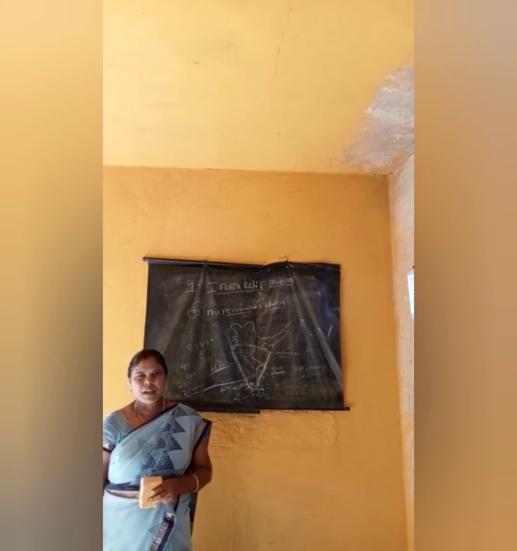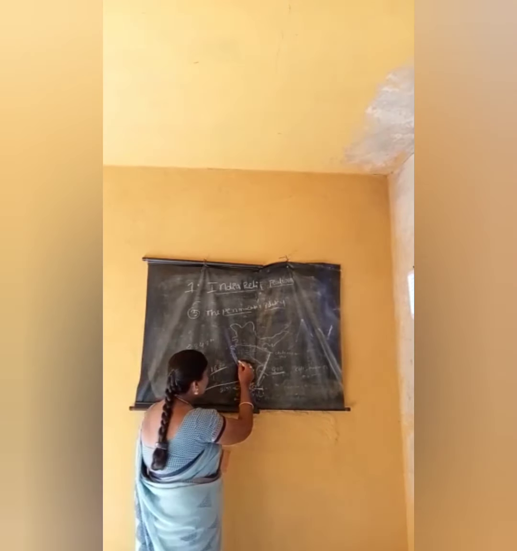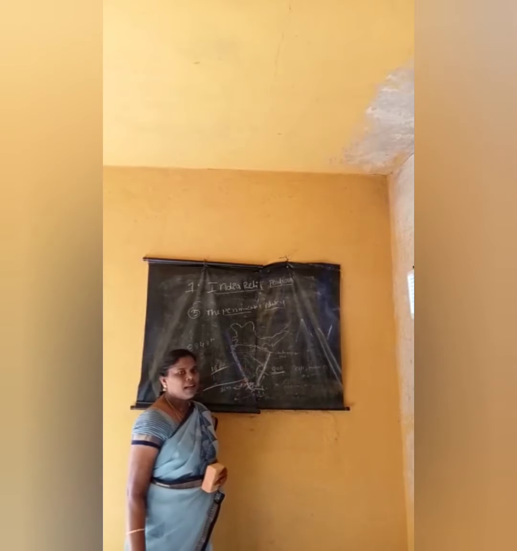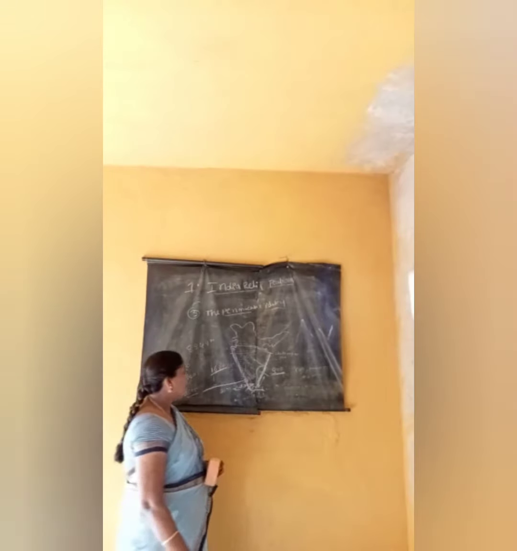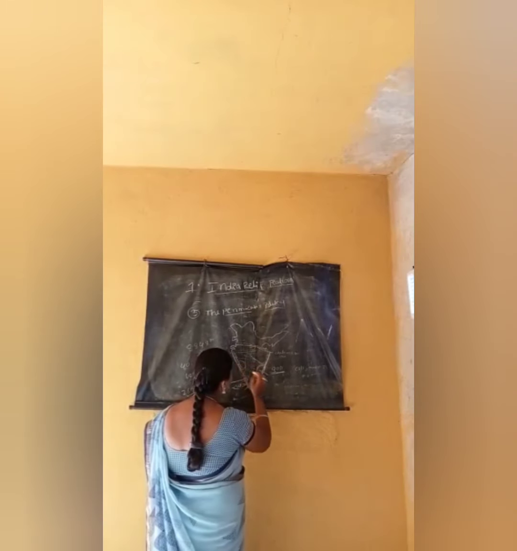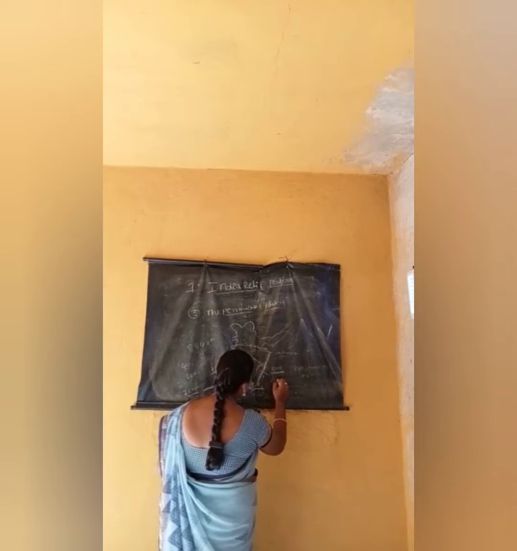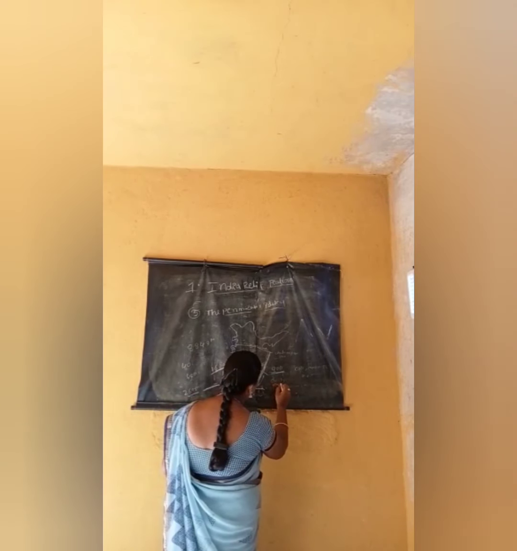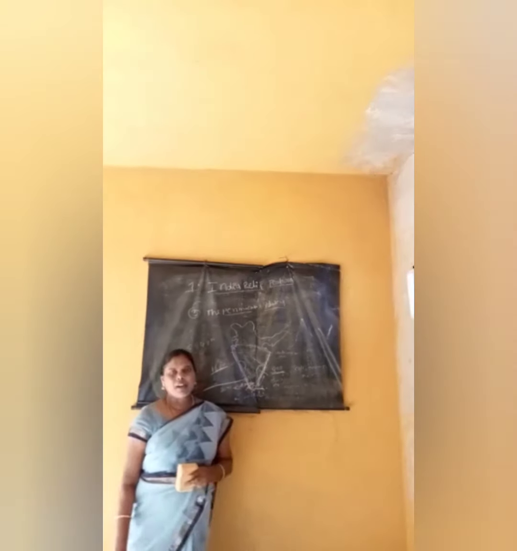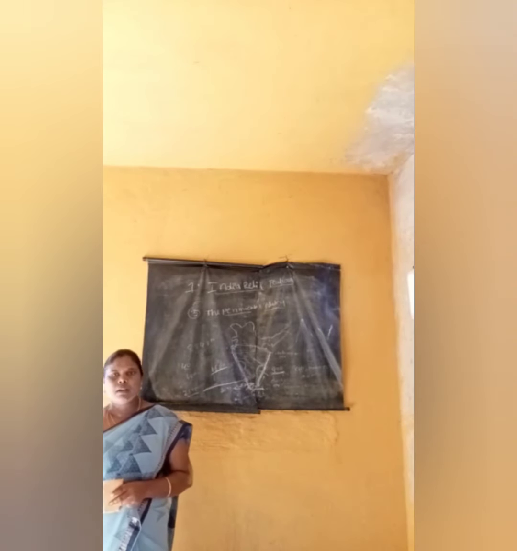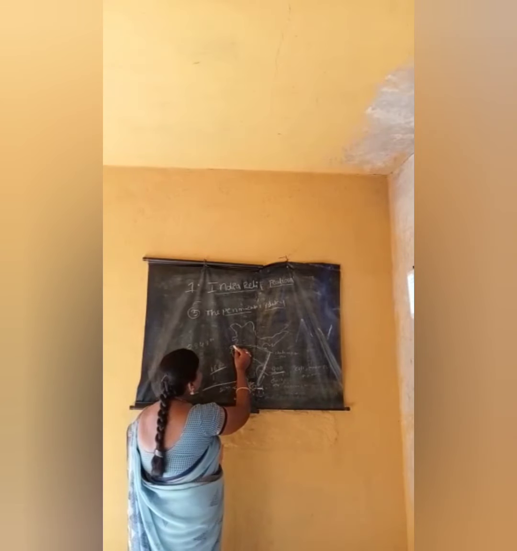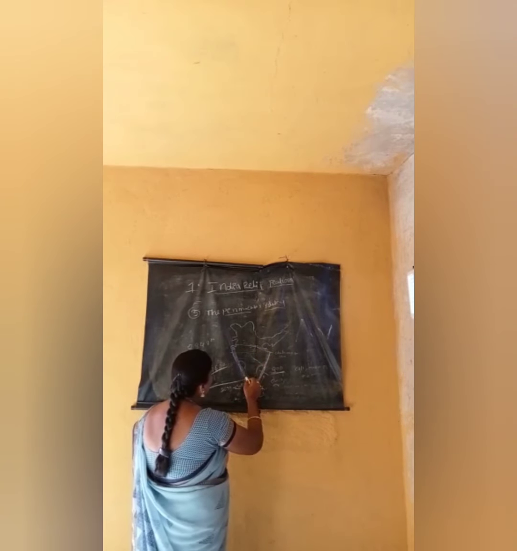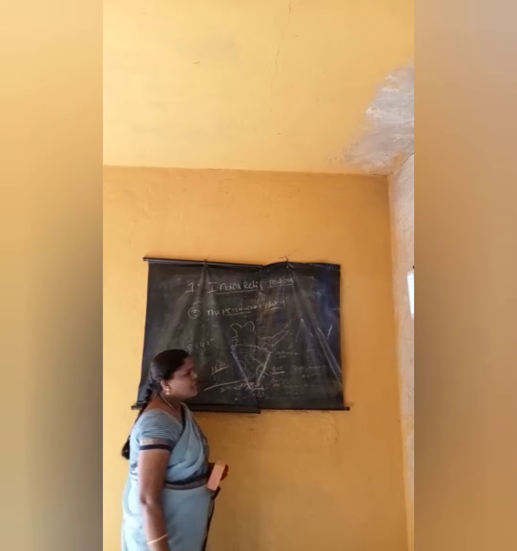Peninsular rivers, for example, Godavari, Krishna, Penna, Kaveri, Tungabhadra, etc. So this is the Peninsular Plateau in the division of Indian physical and relief features.